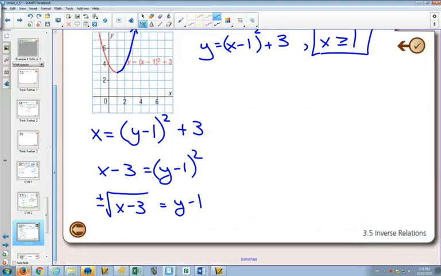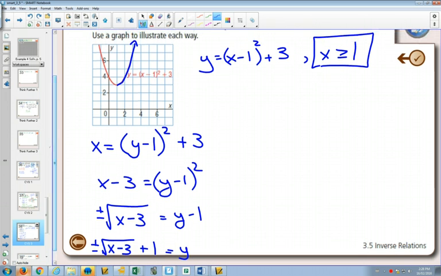Add 1 to both sides. And this time I'm going to put the plus 1 on the right. Now the question is, for my first one, when I do x is bigger than or equal to 1, which of those two equations will be my inverse? Will it be the positive one, or will it be the negative one?